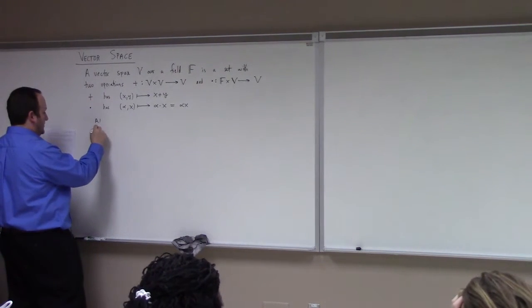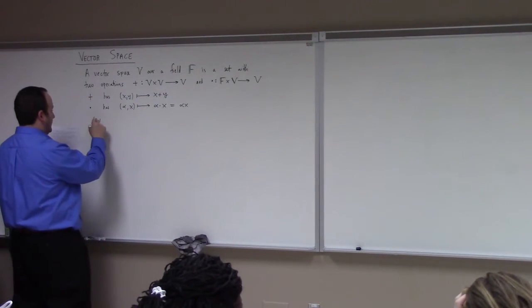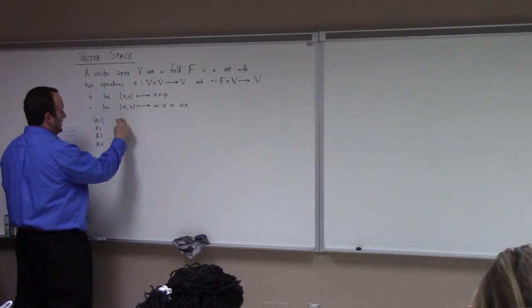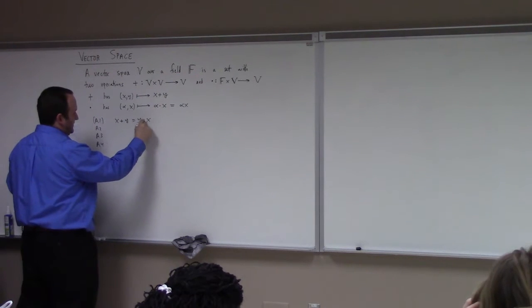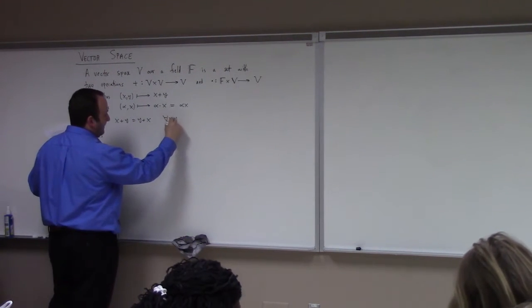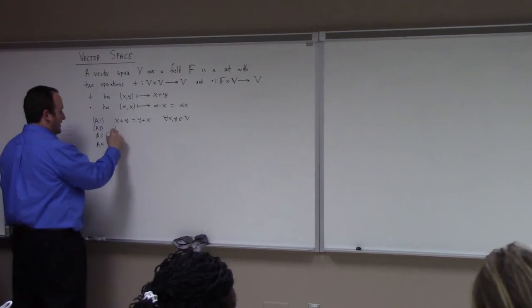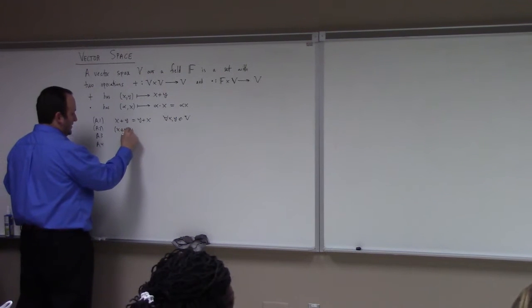All right, so then we have a system of axioms. Axiom 1, axiom 2, axiom 3, axiom 4, and I'll write them out here. Axiom 1 is that x plus y is equal to y plus x for all x and y in the vector space. Axiom 2 is that x plus y plus z is unambiguous.